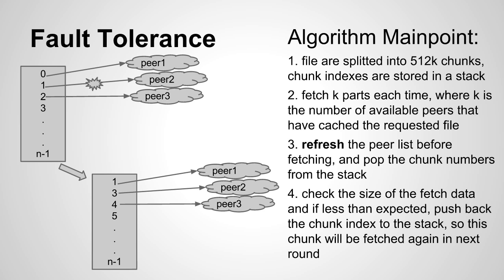Third, we will refresh the peer list before each fetching, and we will pop the chunk numbers from the stack. And finally, we will check the size of the fetched data, and if it is less than expected, we will push back the chunk index to the stack, so this chunk will be fetched again in the next round.